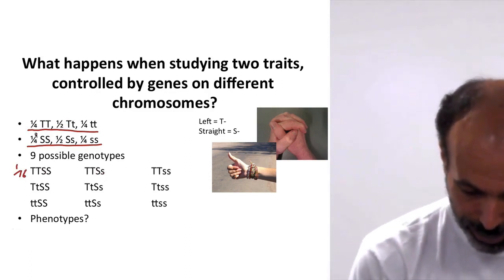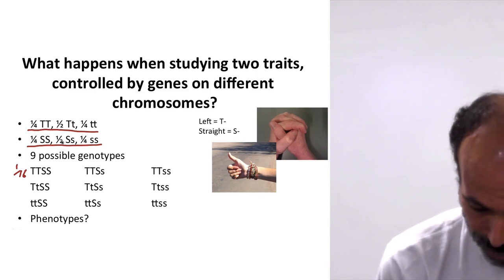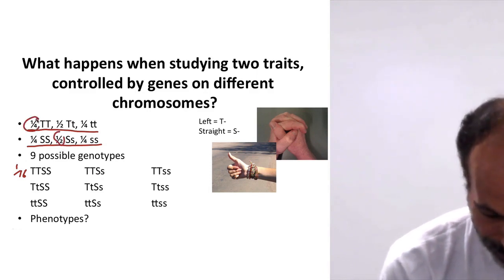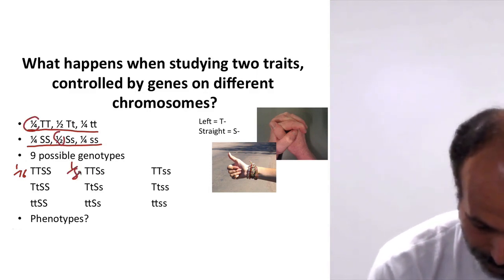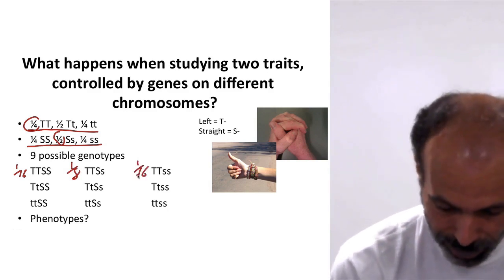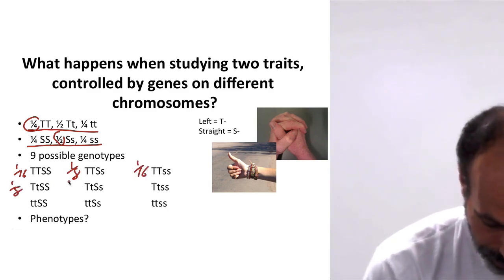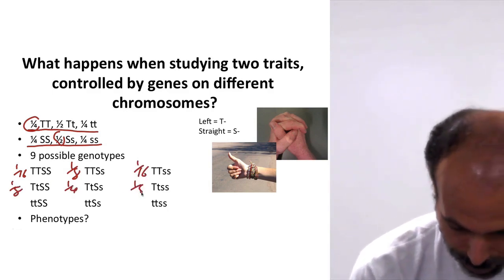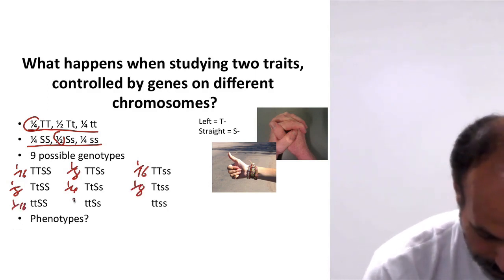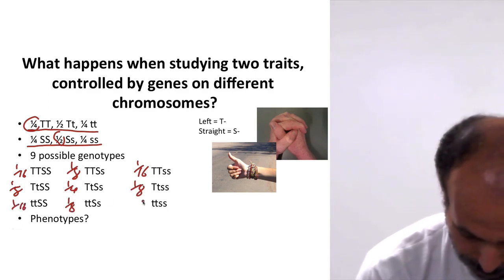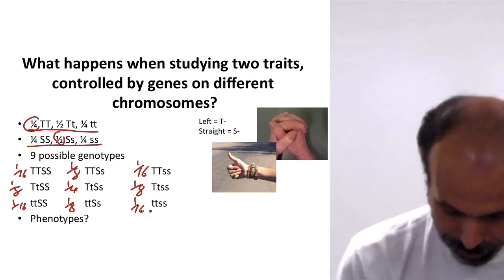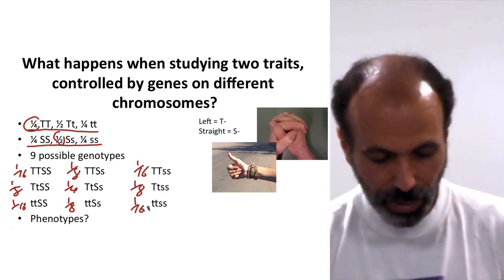Big T, big S, little s, that would be 1/4 times 1/2. The half is a quarter, so in this case, 1/8. We can fill in this whole thing. There we go. We filled them all in.